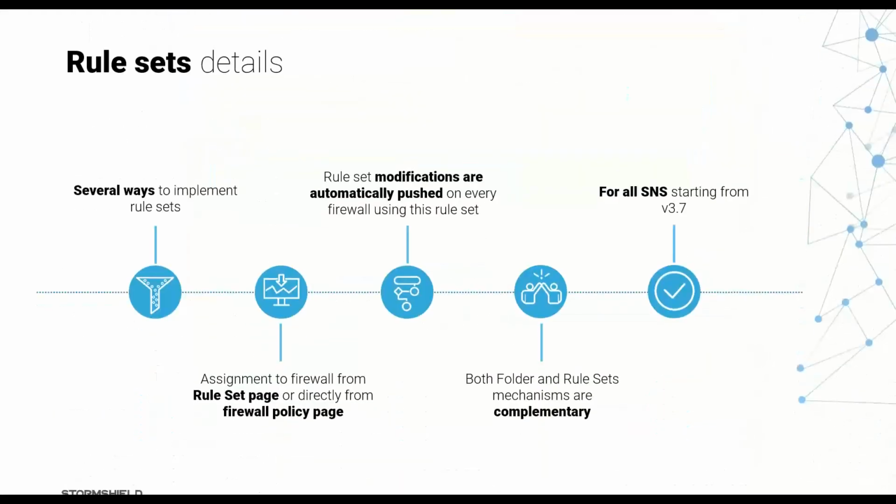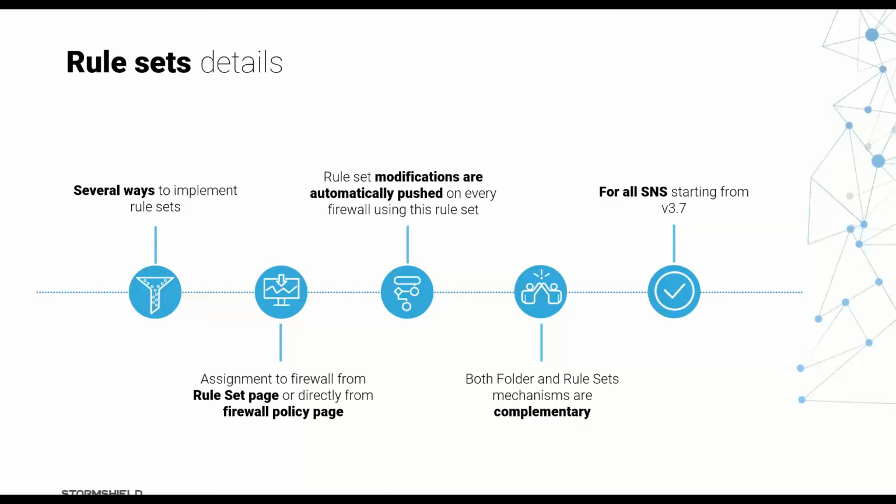Some details about this feature. There are several ways to implement rule sets. You can assign the firewall directly from the rule set page or directly from the firewall policy page. Of course, once you make a modification on the rule set, it is automatically pushed on every firewall which is using this rule set.